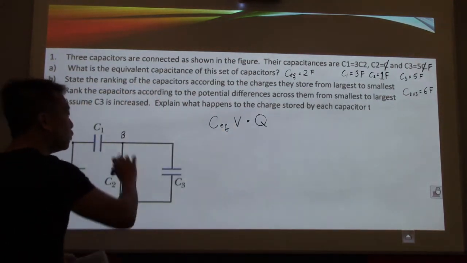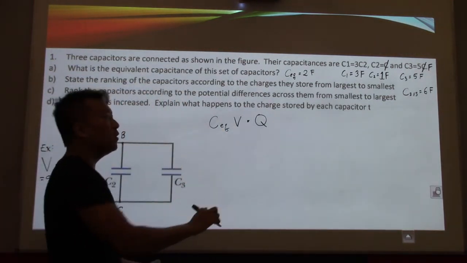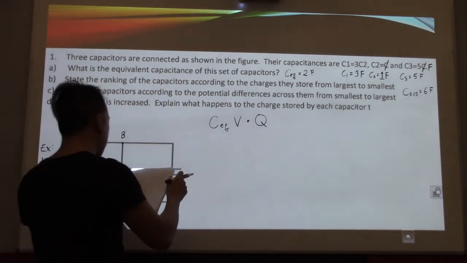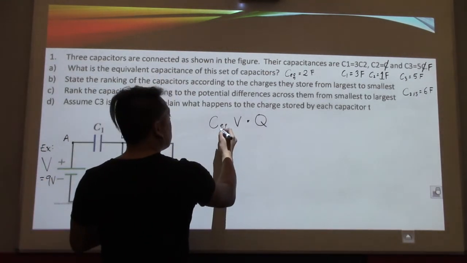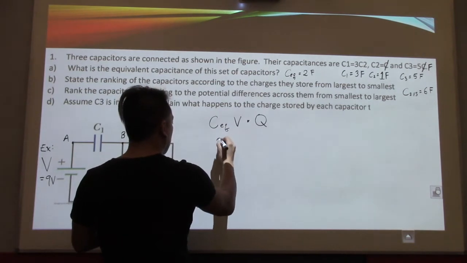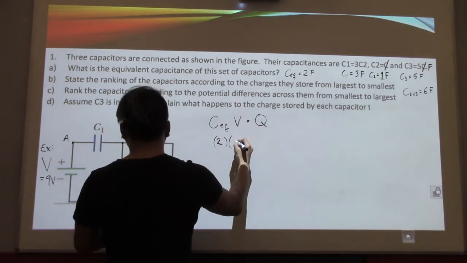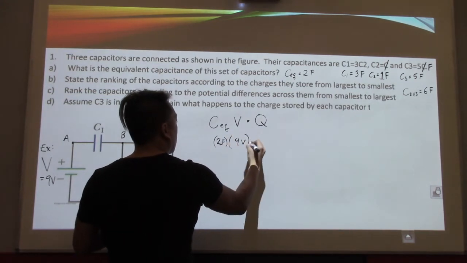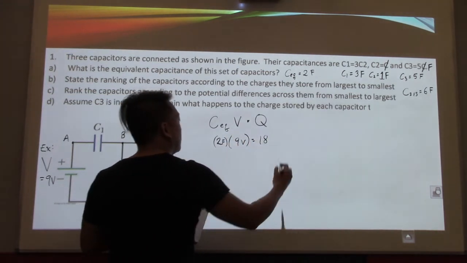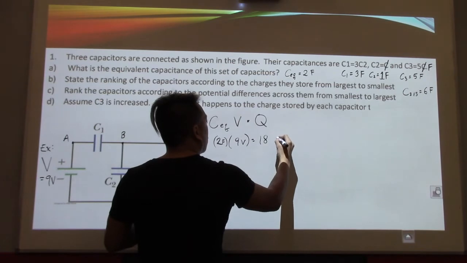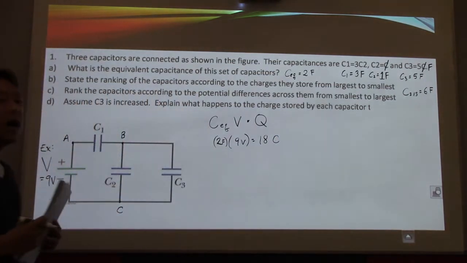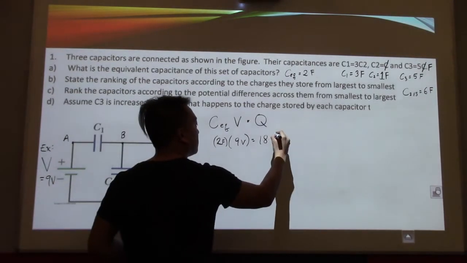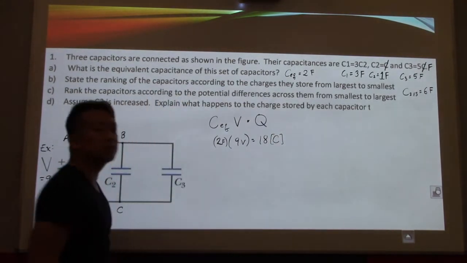So if I'm looking at it as one giant thing, it would be CV equals Q, the total charge of that whole thing. And that would be, well, C equivalent was 2 times the voltage, which I said was 9. 18 coulombs. Okay, so that's not capacitance, that's coulombs. Let me just emphasize that. So it's going to be coulombs.